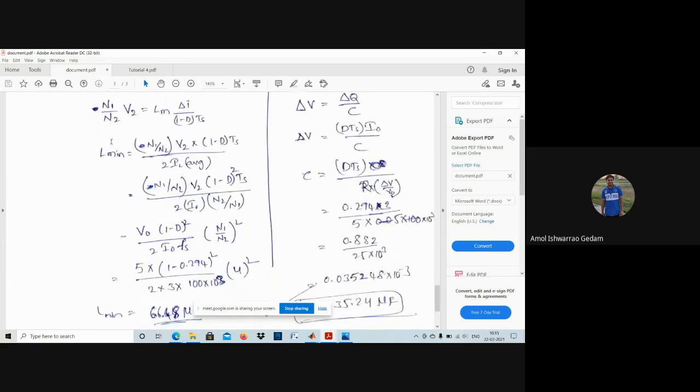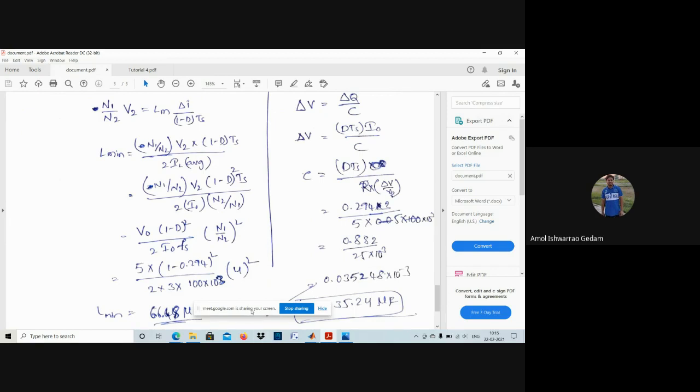The minimum inductance will be, if you transfer all the quantities on one side, N1 by N2 into V2 into 1 minus D Ts divided by delta I.